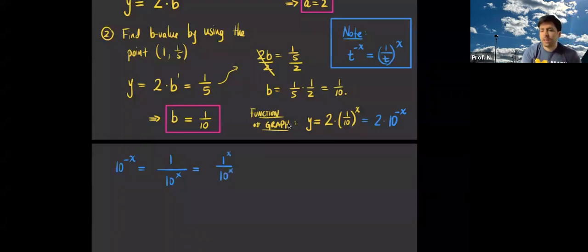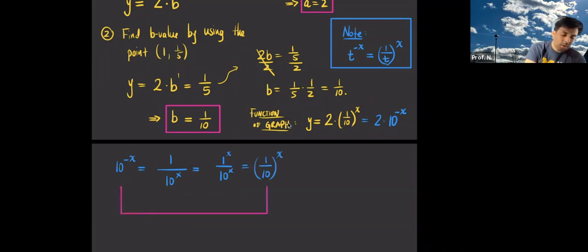Why can I do that? Because 1 to any x power is always 1. And because now these two bases have the same exponent, I can rewrite this as having one single fraction here raised to that power. So really, I'm just trying to show you that these two things are the same. They're equal.